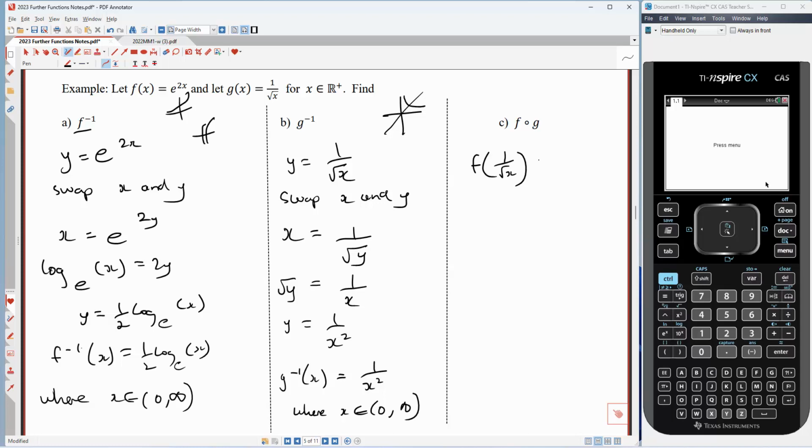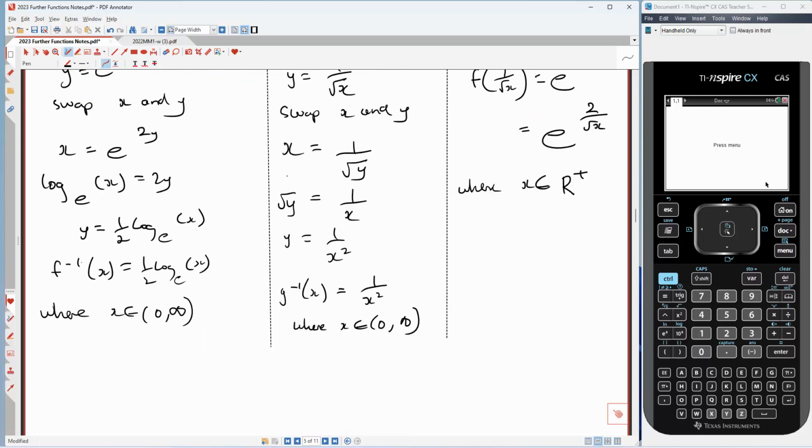So that basically means that e to the 2x, 2 times 1 over root x, equals e to the 2 over root x, where x is an element. Now, where's this going to be defined? Well, so the domain of this is just going to be the domain of this, so it's going to be real positives, and that sort of makes sense given the nature of the function.